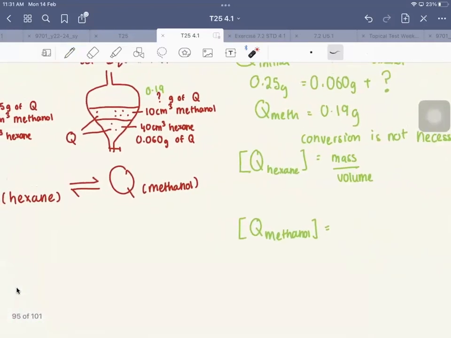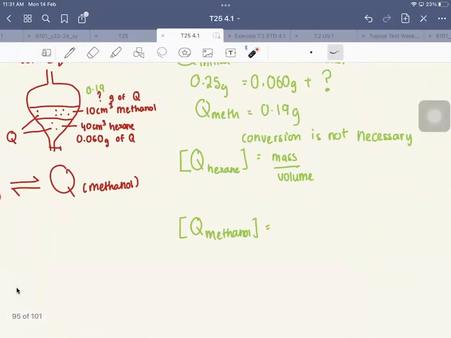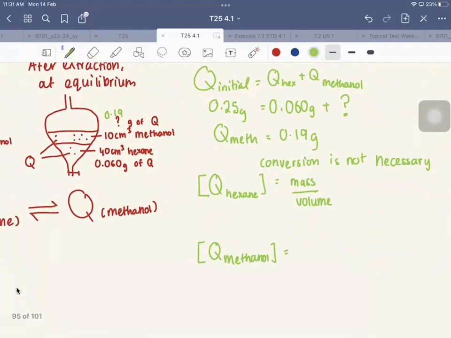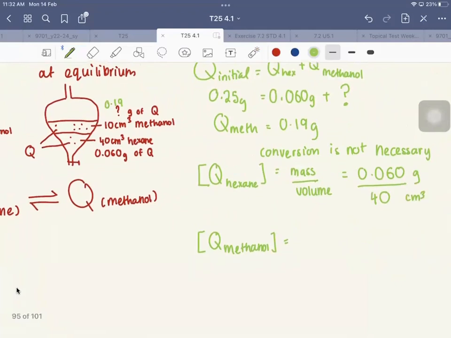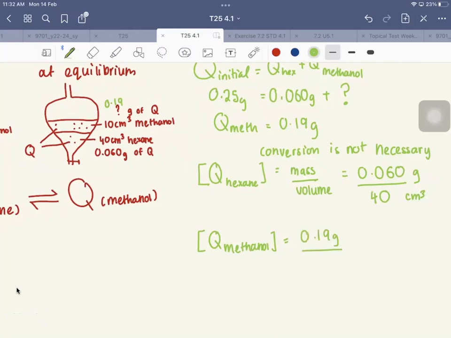Later on you will see in KPC they will cancel out just nicely. Okay, so can you just take the mass of your Q in hexane to be 0.060 over 40 centimeter cube. I'll just leave the units first so you can see that they cancel out nicely later on. The concentration of Q in methanol is 0.19 grams over the volume, which is 10 centimeter cube.